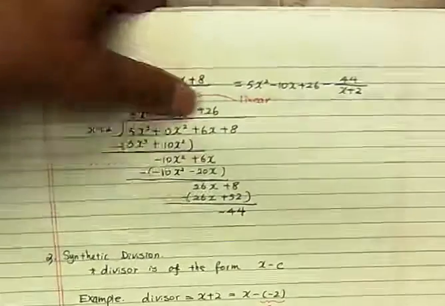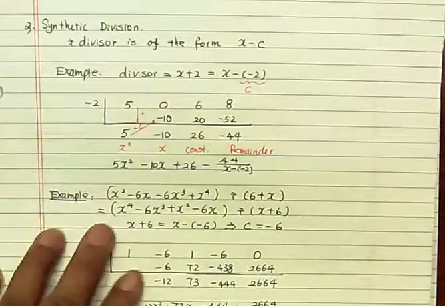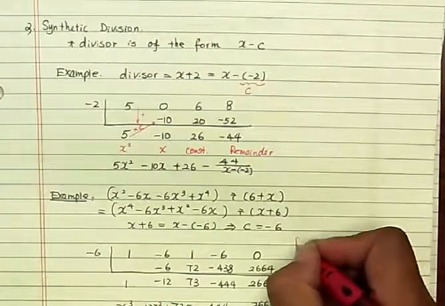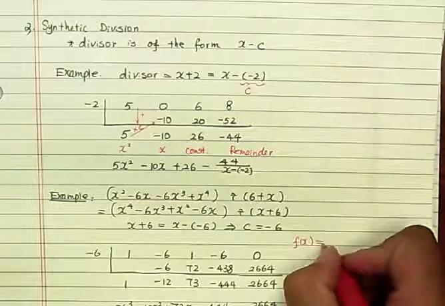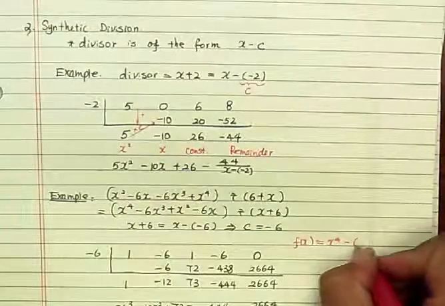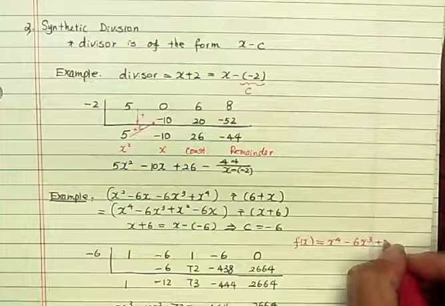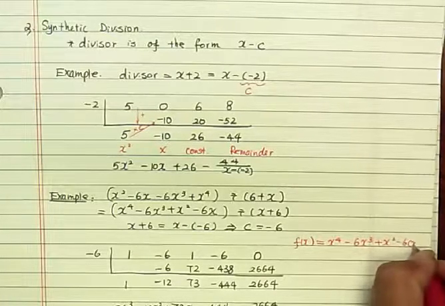Okay, so what it means here, going back to the example from the last page, is if I say that f of x is equal to this dividend, which is x to the 4th minus 6x cubed plus x squared minus 6x.